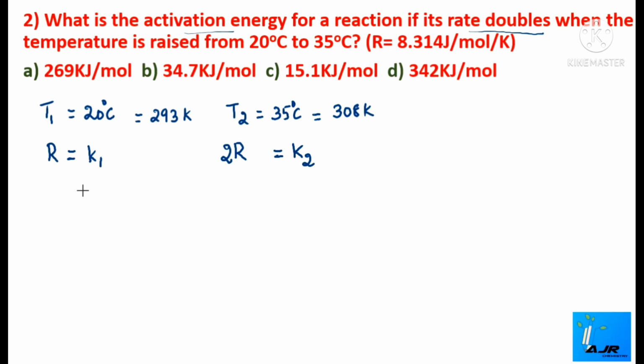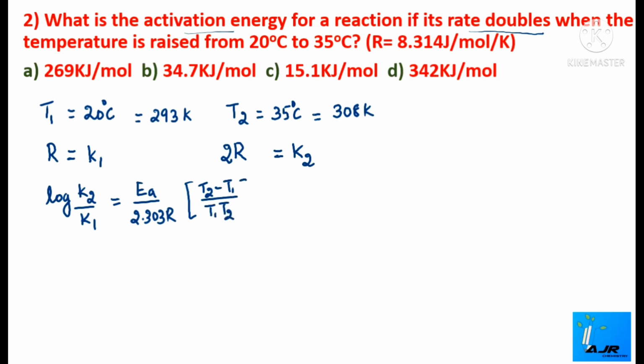Now let us write the formula which relates the rate constant with the activation energy: log K2 by K1 is equal to EA by 2.303 R into (T2 minus T1) by T1 T2.